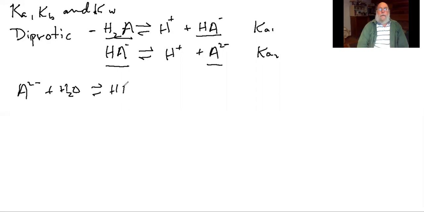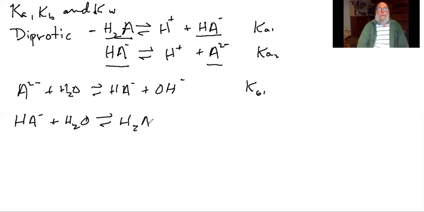That'll give us our intermediate form back and a hydroxyl. Now that is Kb1. That is a stronger base. And then this HA minus, once again, can hydrolyze. And that'll give us back our original acid. And that is Kb2.